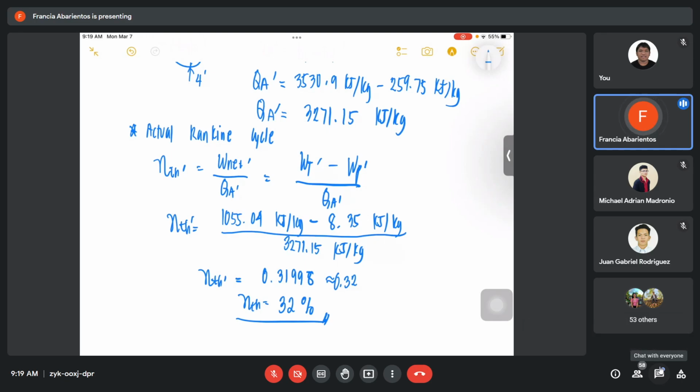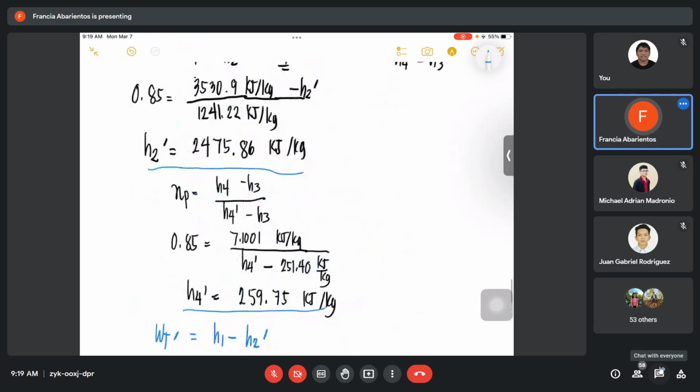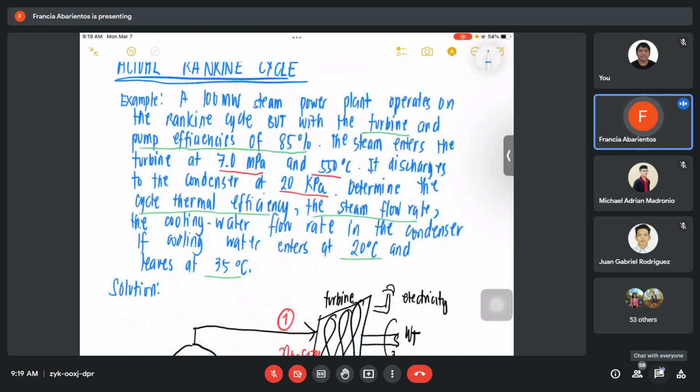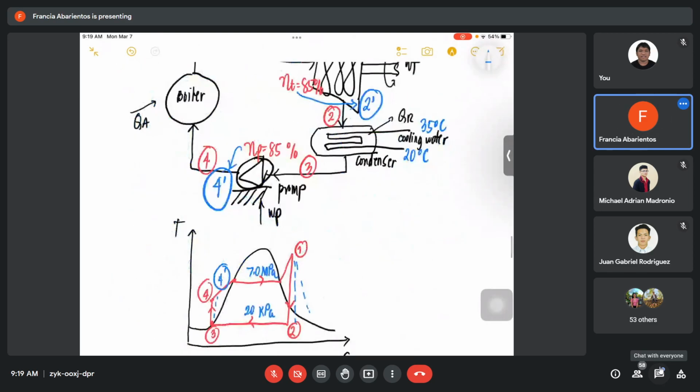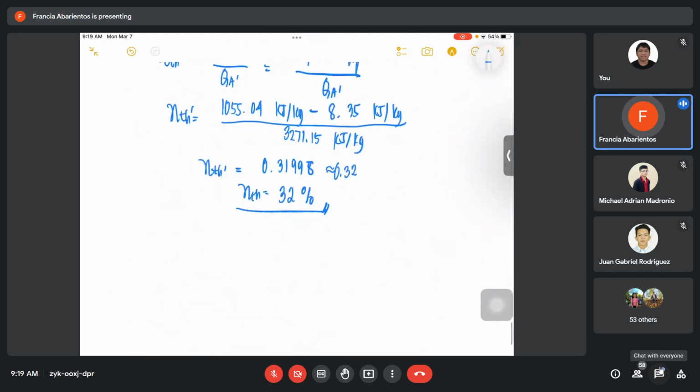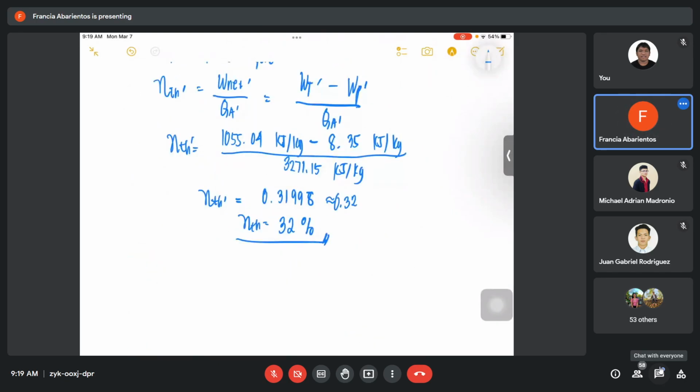The next question now, given sa atin yung steam flow rate. Given sa atin class is the 100 megawatt steam. Okay? And finding for the flow rate of the steam.